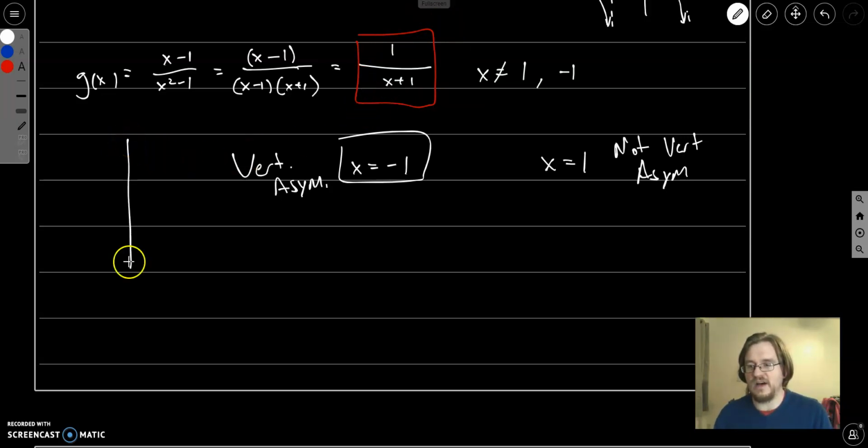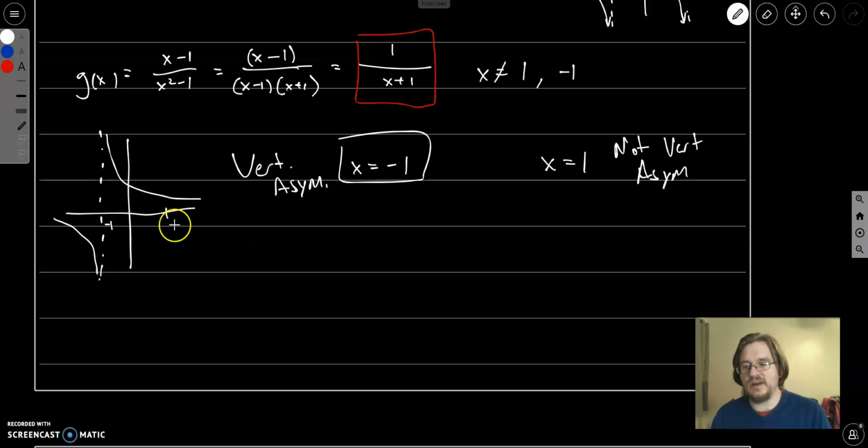So when I draw this function, we are going to get something that looks like this. We're going to have a vertical asymptote at -1. So here's our vertical asymptote at -1.